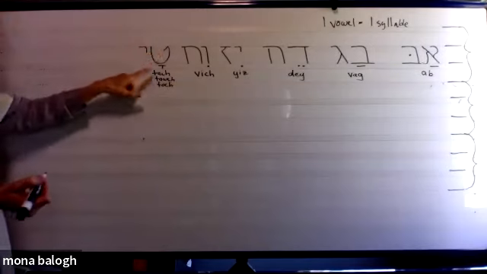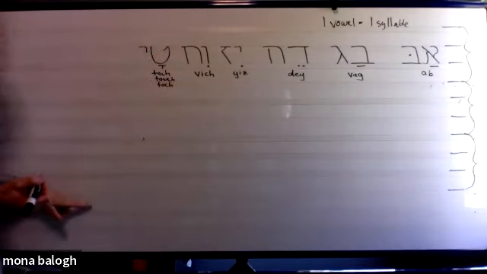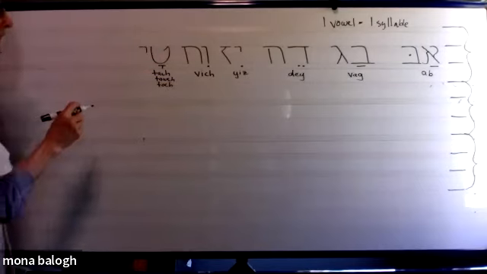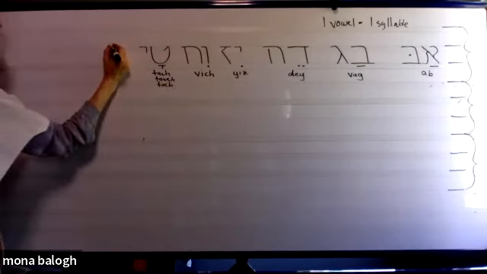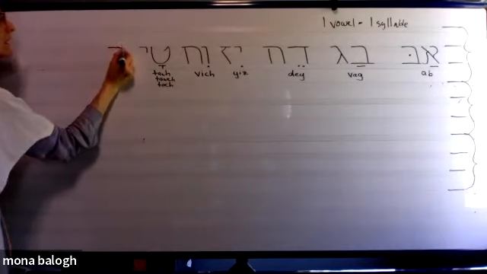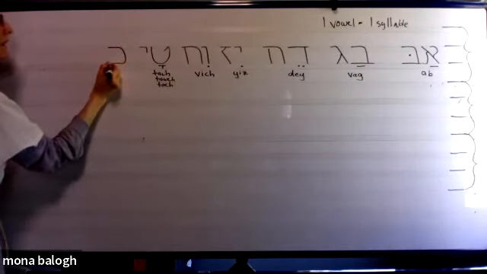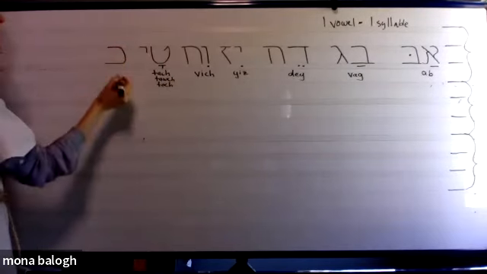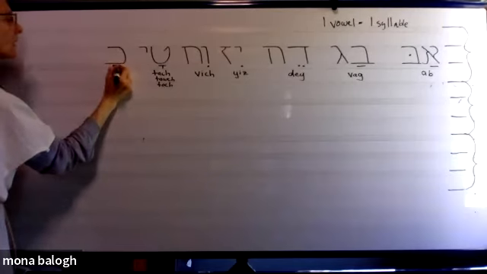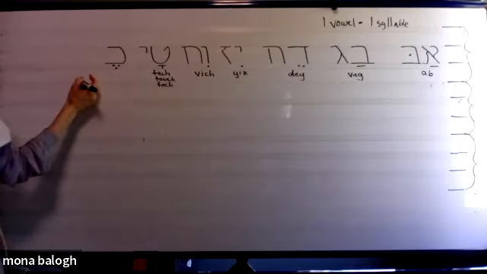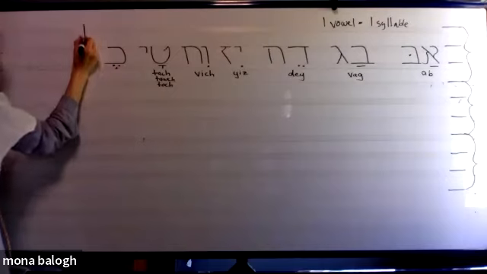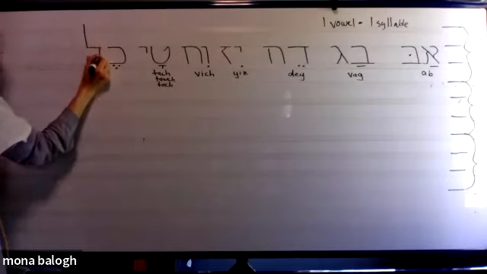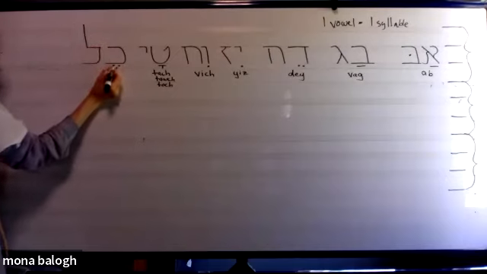And remember, the tet only has the T sound; the tav has a TH sound. Okay, let's keep going a little bit. Chaf, let's do a segol and lamed: hel.